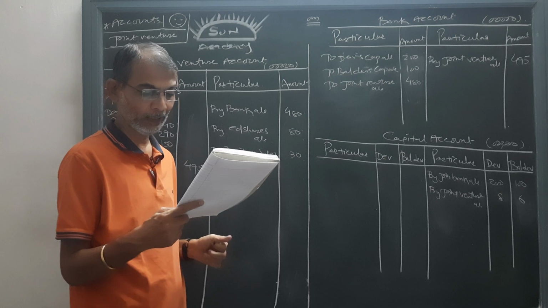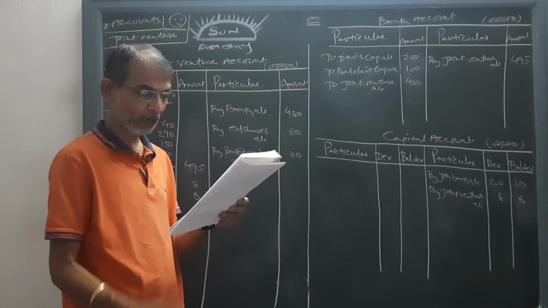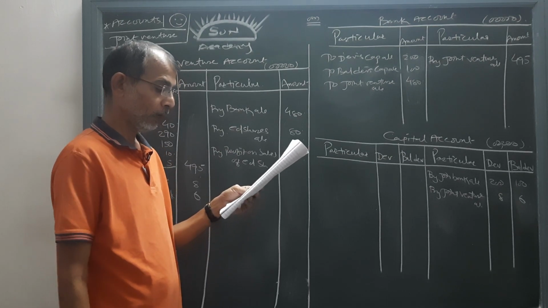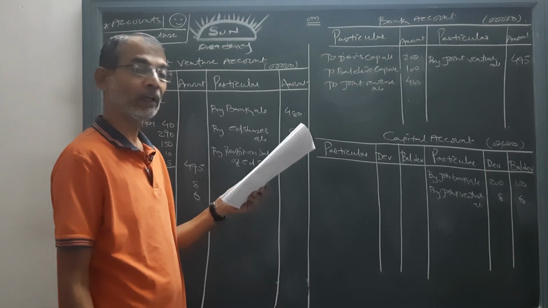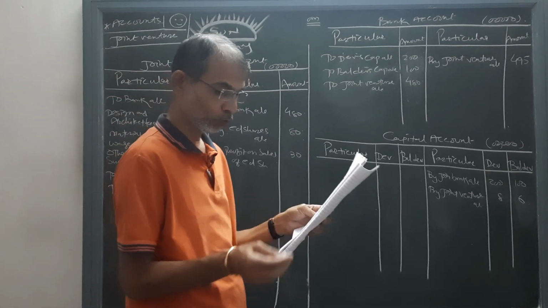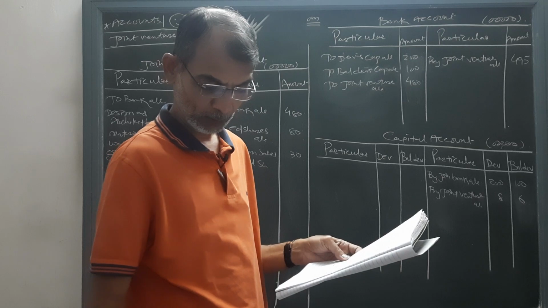Equity shares of 80 lakh were sold. Then the remaining shares were taken by both. So remaining shares will be of 40 lakh.